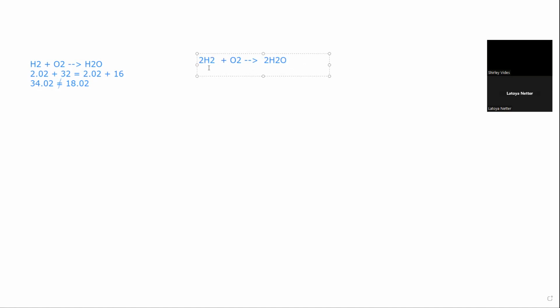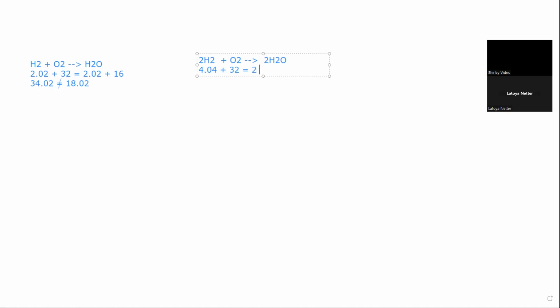Now let's see if the math works. Okay, so 2 times 2.02 is 4.04, right? And then we still got 16 times 2, which is 32. That should be equal to, all right, we can do this 2 ways.